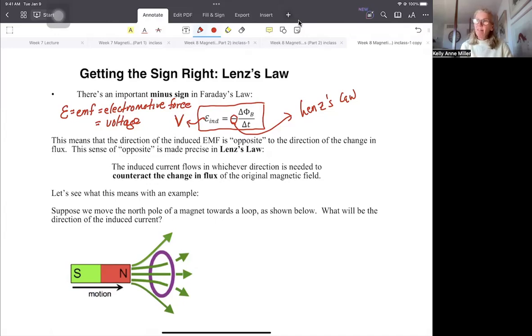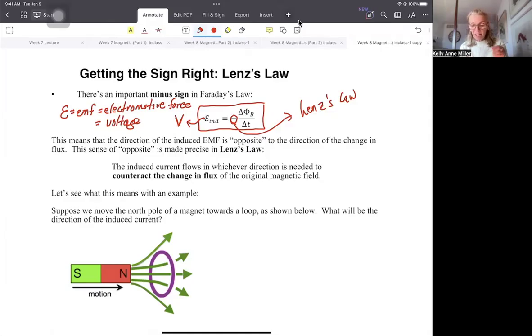Whenever you have a time-varying magnetic flux, you induce an EMF, or a voltage, and that EMF causes current to flow. What Lenz's law says is that the direction of that current will be in whatever direction it needs to be to oppose the change in flux.